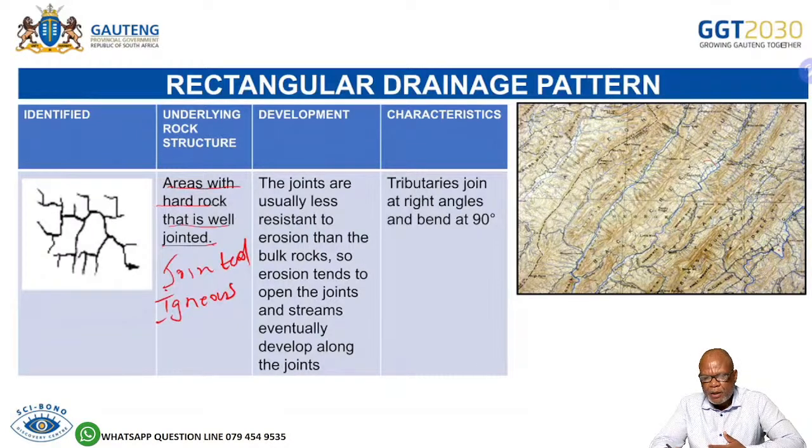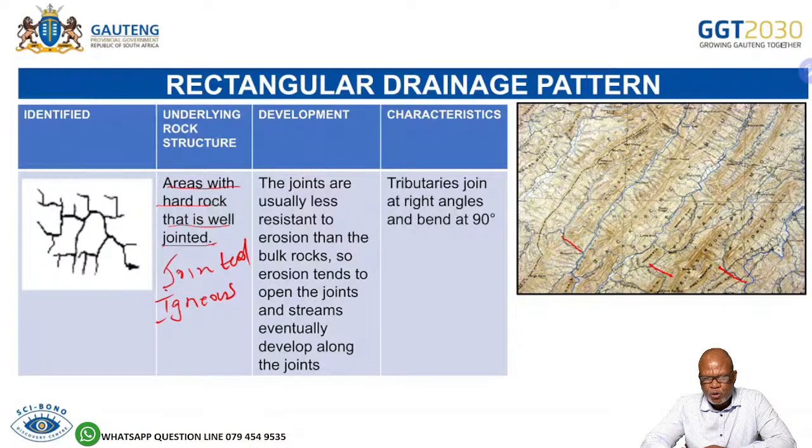Another characteristic that you must look at here is that the tributaries join the mainstream at 90 degrees. But remember, this is a natural phenomenon. It's not going to be as exactly 90 degrees as if somebody was measuring it or drew it. So it will show those kind of characteristics of being very straight in terms of the angles.